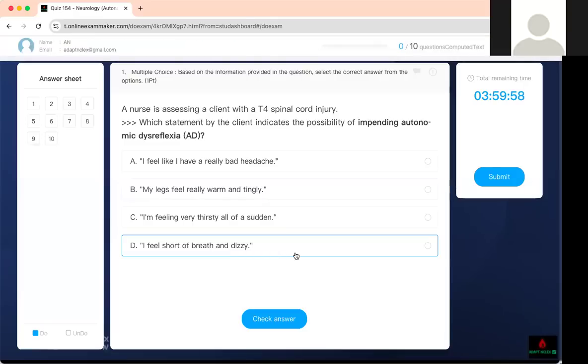First question, reading from the back. Which statement by the client indicates the possibility of impending autonomic dysreflexia? The nurse is assessing a client with T4 spinal cord injury. Autonomic dysreflexia is a change in your hemodynamic status. That is why we call it autonomic dysreflexia.